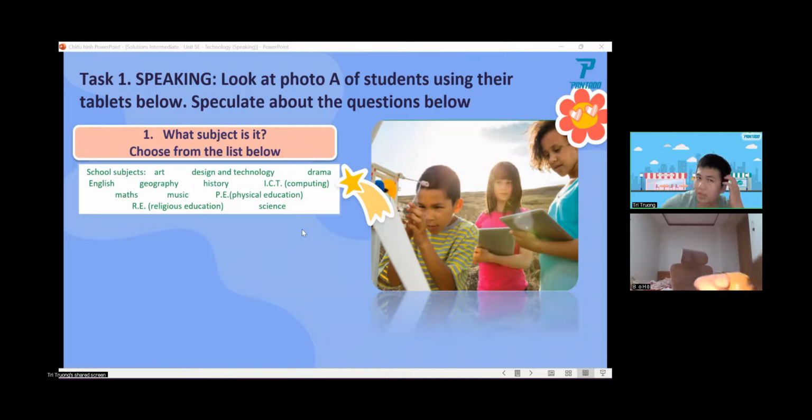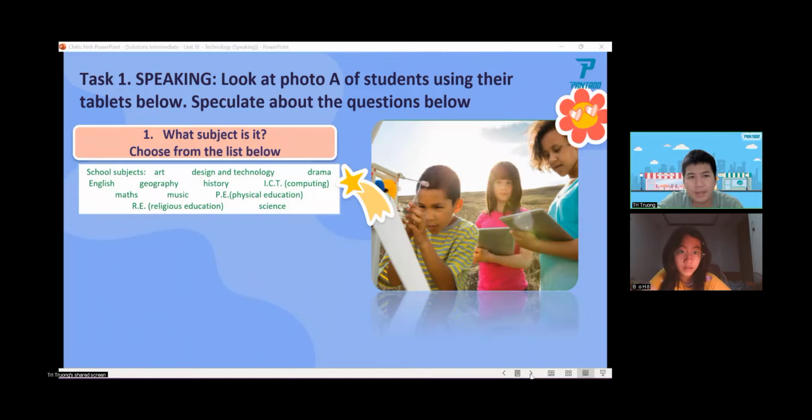So the question here is, what subject is it? Can you look at the list below and choose one? My question is, can you know what subject it is? Yes.